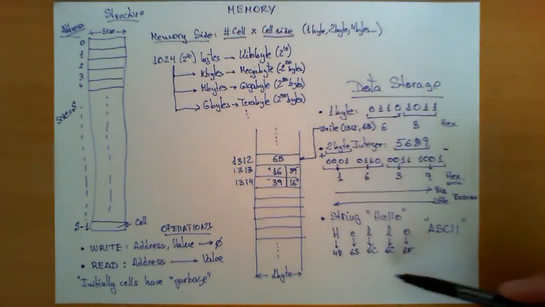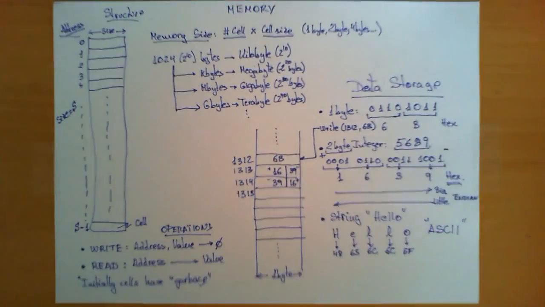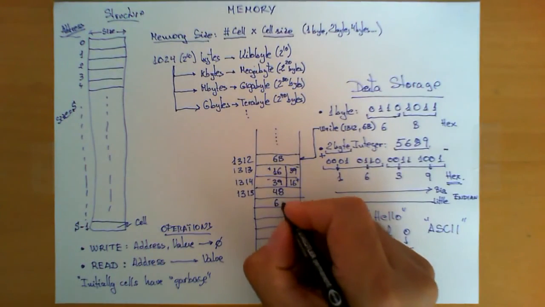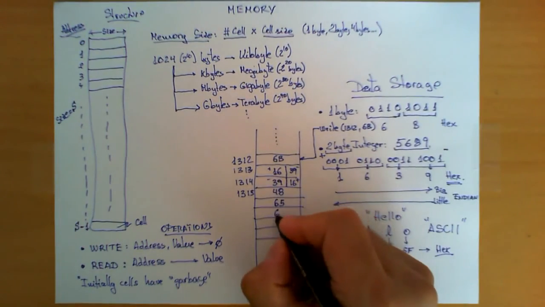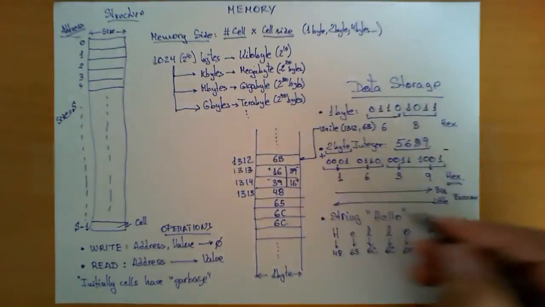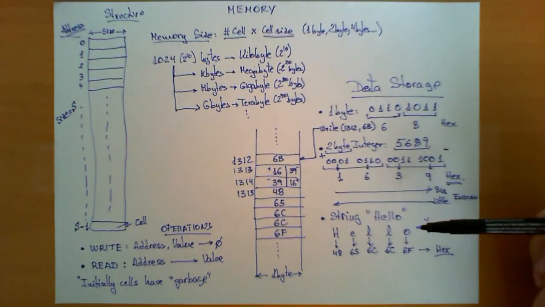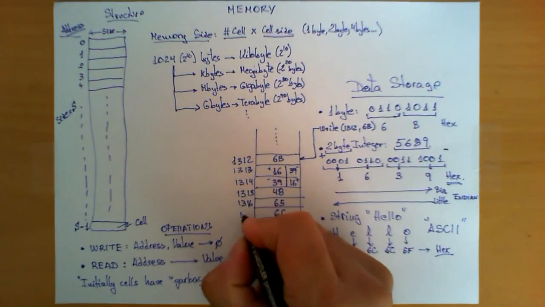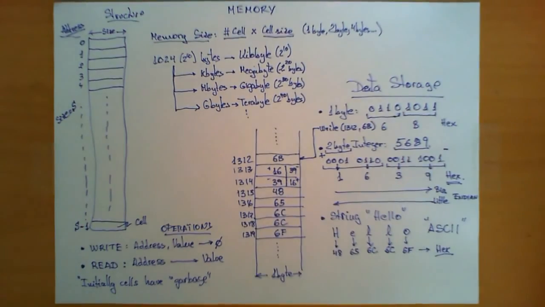Now, how do I manage to store this information in memory? Again, if I choose to store it in position 1315, then I would store the following bytes: 48, 65, remember though that all these are hexadecimal representations, 6C, 6C, and 6F. Now the conclusion here is that the string made out of 5 letters will actually occupy all 5 cells from address 1315 to 1316, 1317, 1318, 1319.